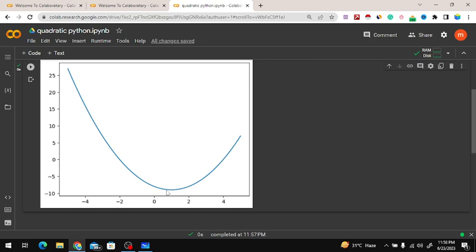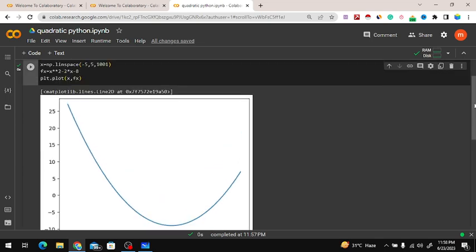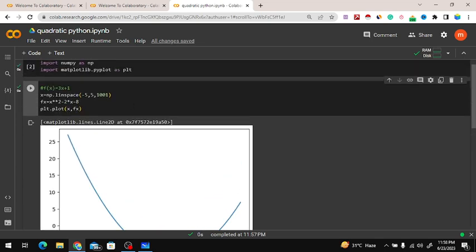Similarly, if I am putting minus x square, look here, it's minus x square and minus 2x, and plus 3. So let's see what happened.